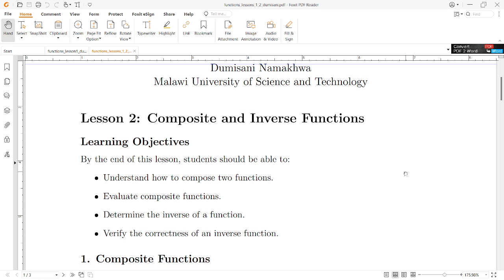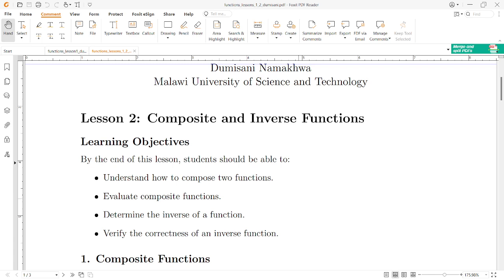So just to go back to what we did last time, we're looking at a function which is defined using f of x.